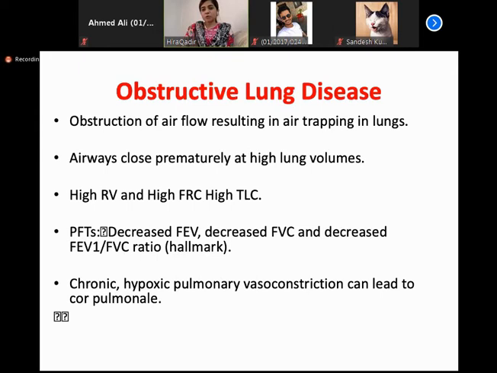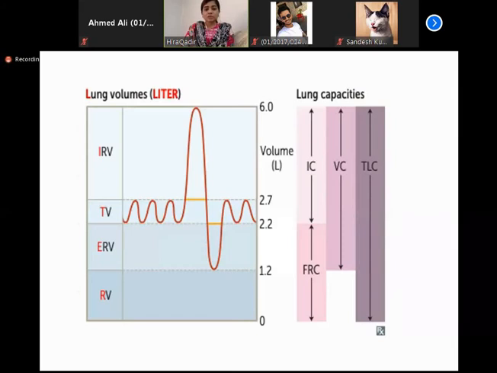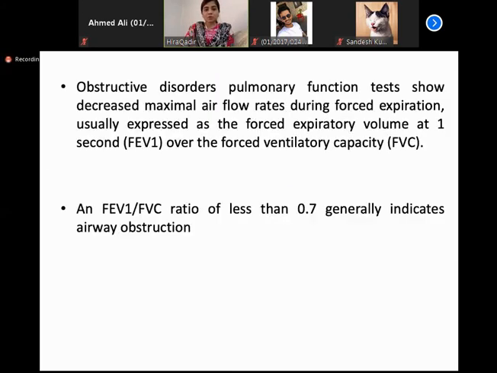In pulmonary circulation, hypoxia causes pulmonary vasoconstriction, and that leads to cor pulmonale. What is cor pulmonale? Cor pulmonale means right-sided heart failure. So this is a complication of obstructive lung diseases.